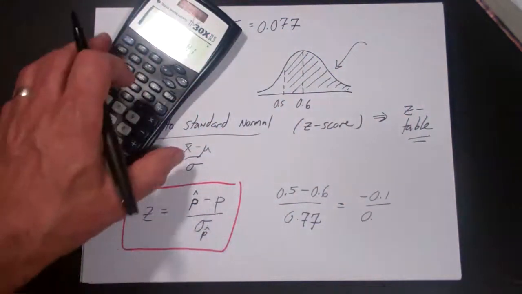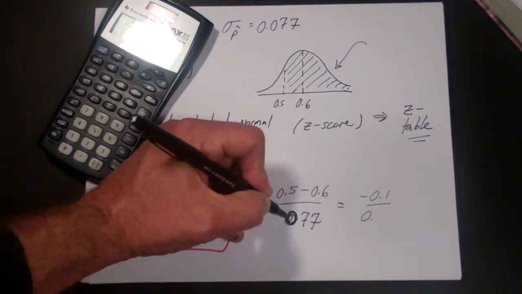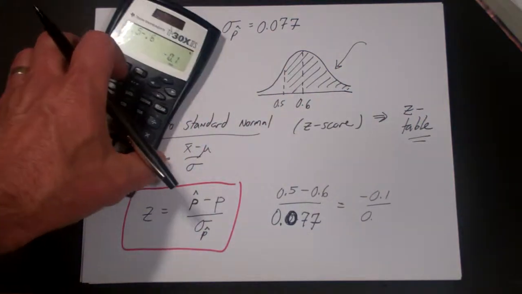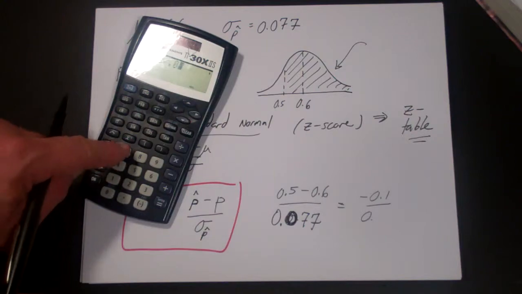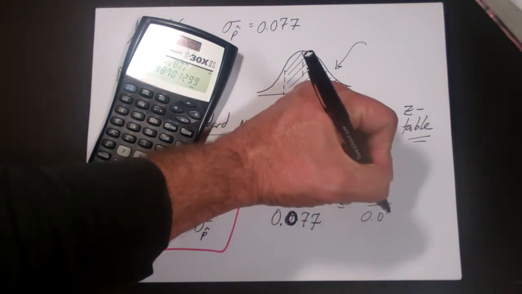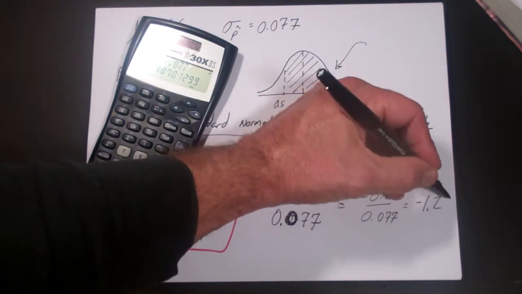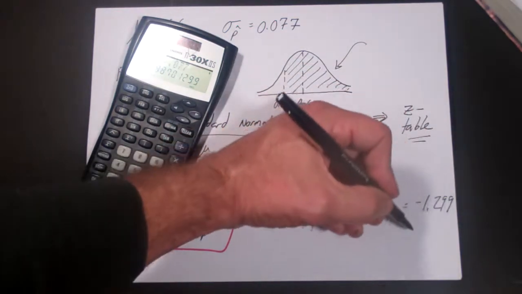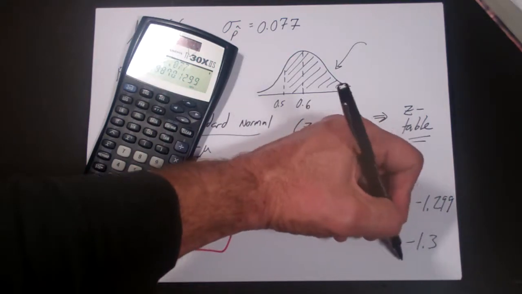Uh-oh, I messed up here. It's not 0.77. It's 0.077, so be careful. So let's divide by 0.077, and we get minus 1.298, 299 really. I'm going to round that to minus 1.3.